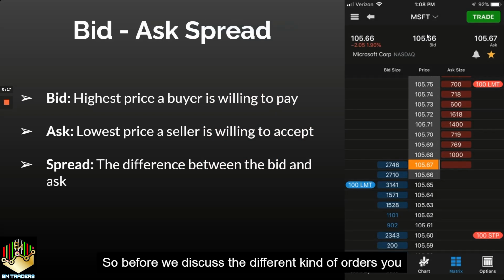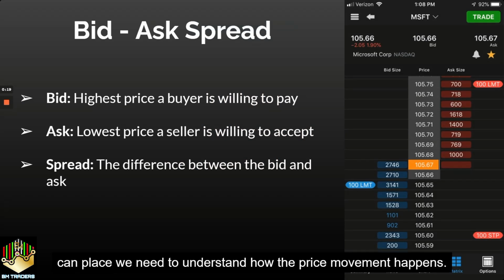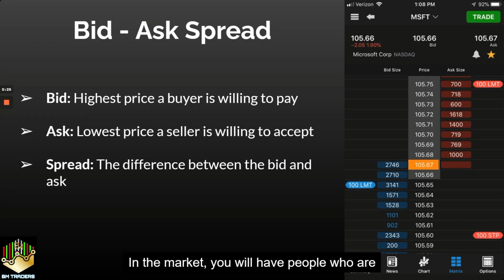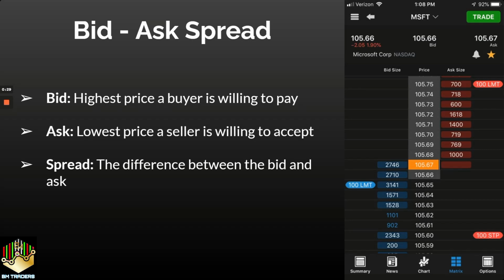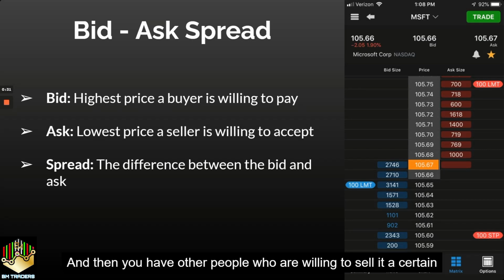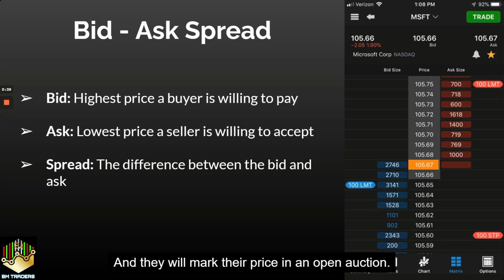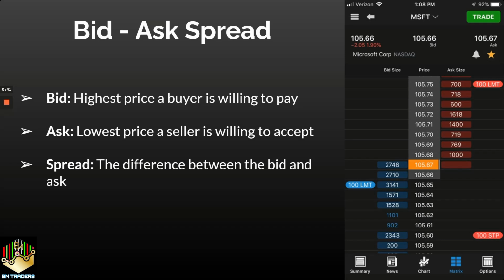Before we discuss the different kinds of orders you can place, we need to understand how price movement happens. In the market, you will have people who are willing to buy at a certain price, and other people who are willing to sell at a certain price. All of these participants come together and mark their prices in an open auction.